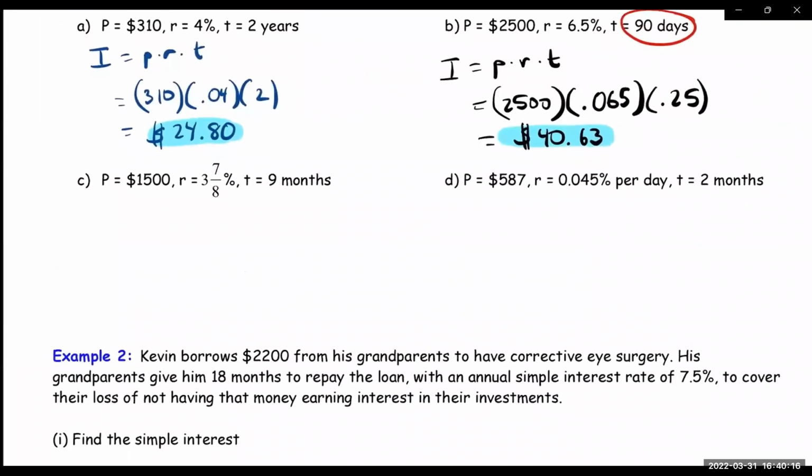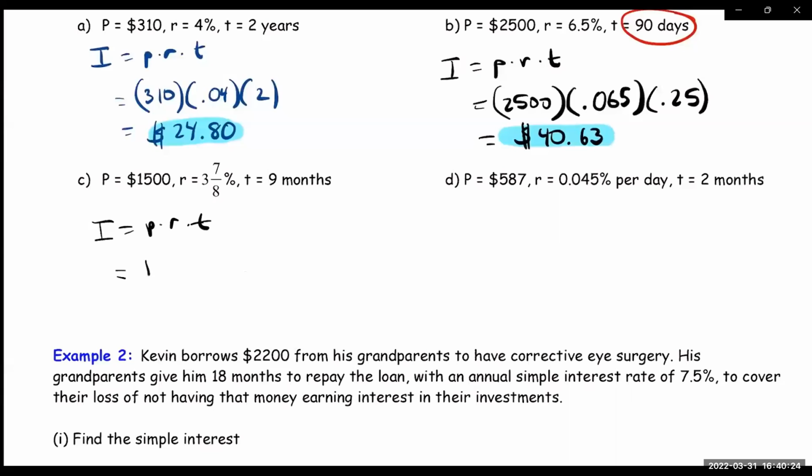All right, let's look at this one. Same thing again. The principal amount that we're borrowing is $1,500. The interest rate, this one's a little bit tricky, but let's see, what's 7 divided by 8 on your calculator? 3.875.